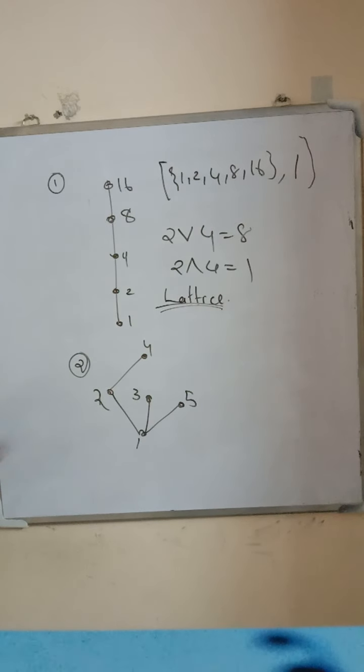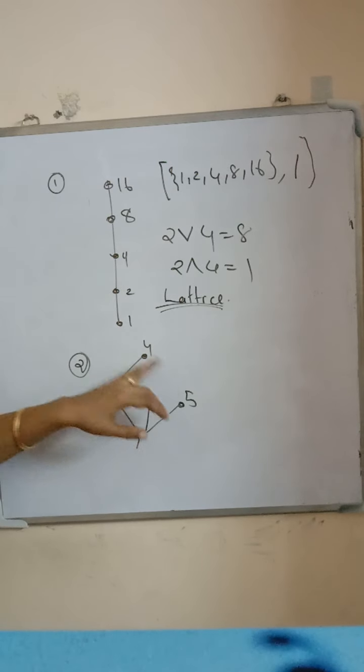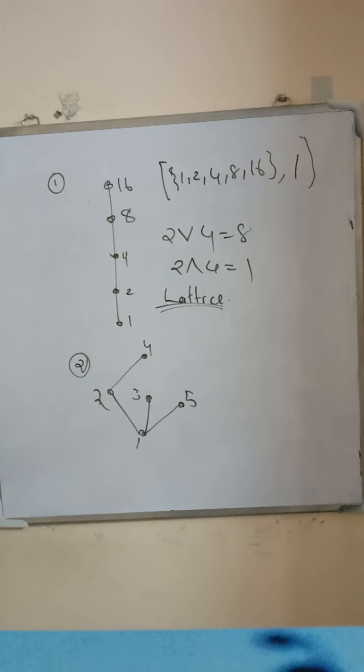Is the second one a lattice? It's a partially ordered set, because this Hasse diagram represents the partial order relation of the elements 1, 2, 3, 4 and 5. Is this a lattice?